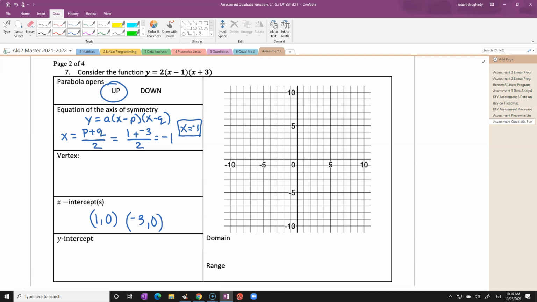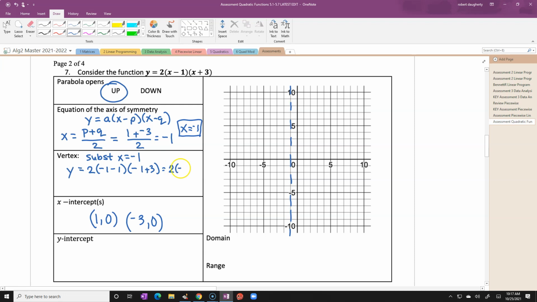So the axis of symmetry is a line that goes right here. The vertex will be on that line. Its x-coordinate is -1. So I just need to substitute x equals -1 into that original equation. So y is equal to 2 times (-1 minus 1) times (-1 plus 3).